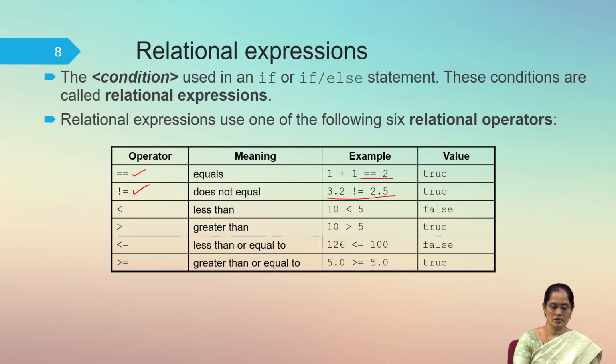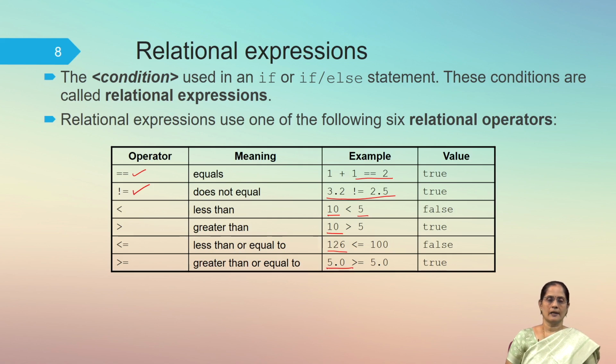Then less than is used to check whether operand 1 is less than operand 2. In this case the output is false. Then the greater than symbol is used for checking whether operand 1 is greater than operand 2, and this becomes true in this case. Then 126 less than or equal to 100, and 5.0 greater than or equal to 100, this becomes true.